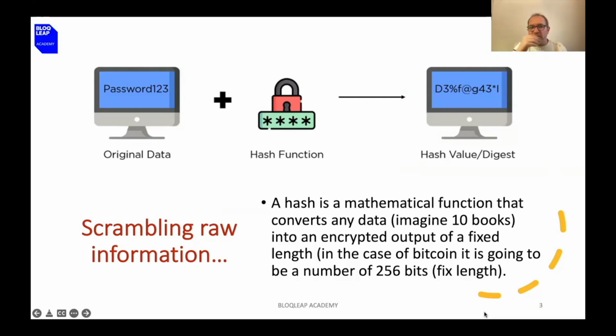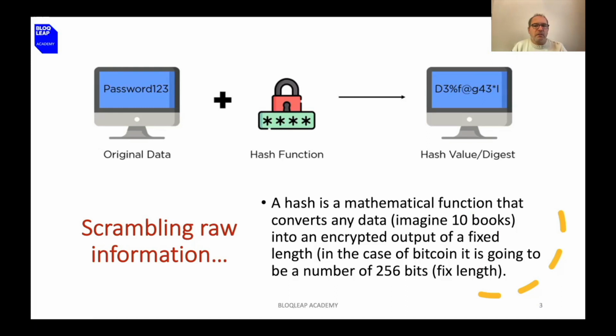So I always give this example. Here you've got original data. Imagine you've got 10 books, and you want to hash them. You want to encrypt their content. You are going to put these 10 books in this, as I said before, Enigma machine, which is a good encrypted machine.